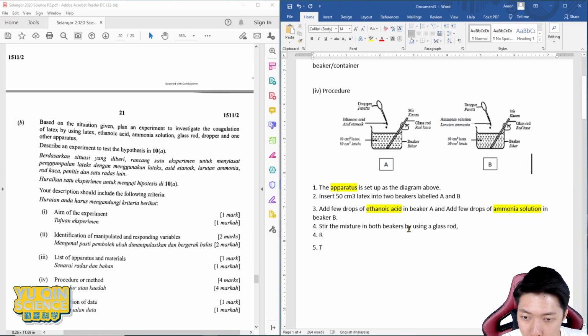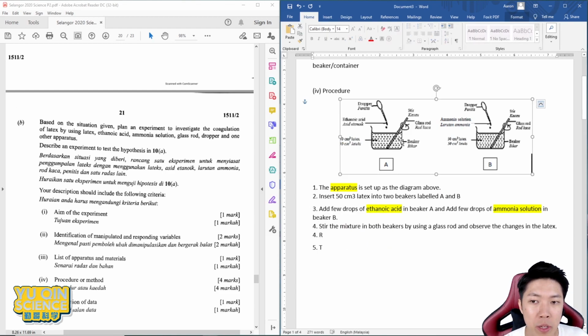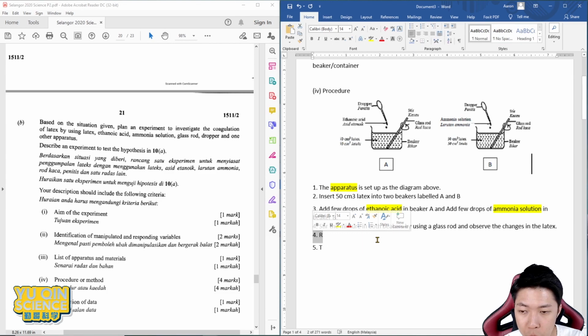Stir the mixture in both beakers using a glass rod, and observe the changes in the latex. So there's no need to repeat because this experiment you do both together. You understand? So we kick off the repeat. Number 4, R mod, the R no need.